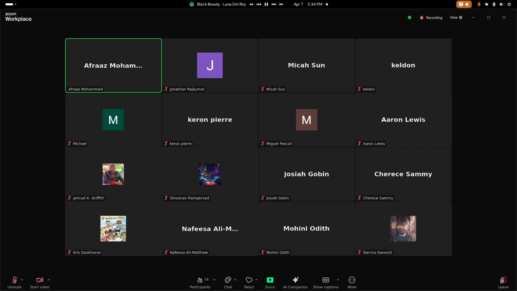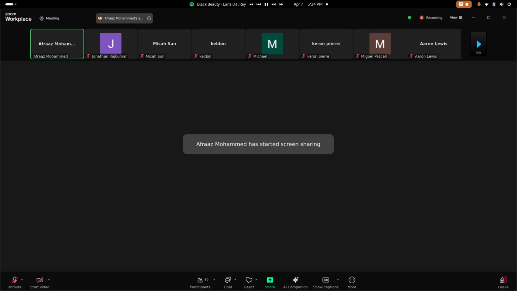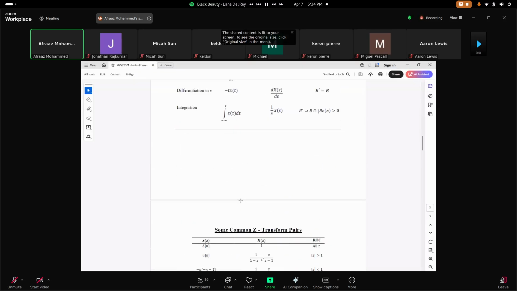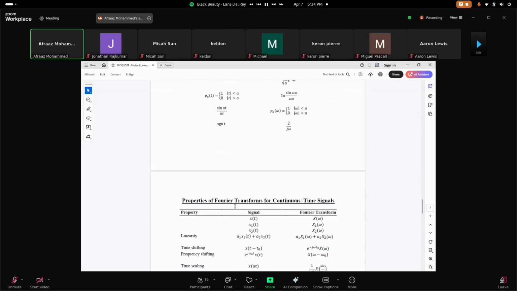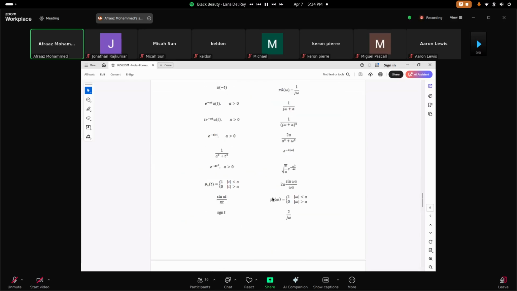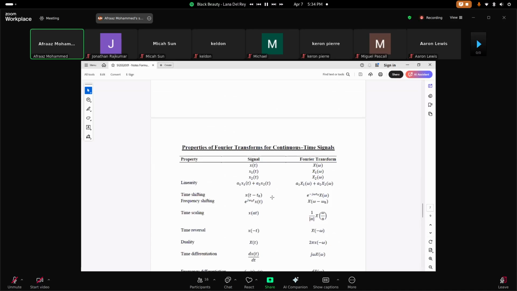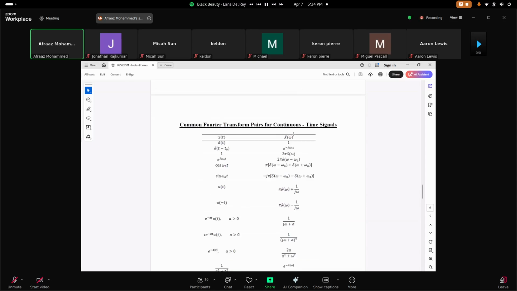Okay, so as I said, we will go through the formula sheet in some more detail, but as we're doing the question, I want to show you exactly how to apply it here, right? We're doing a question on a Fourier transform, based on a continuous time signal. You're going to have two main sections for each one of the transforms. For the Fourier transform of continuous time signals, there are the properties of the Fourier transform, and then there are the transform pairs.